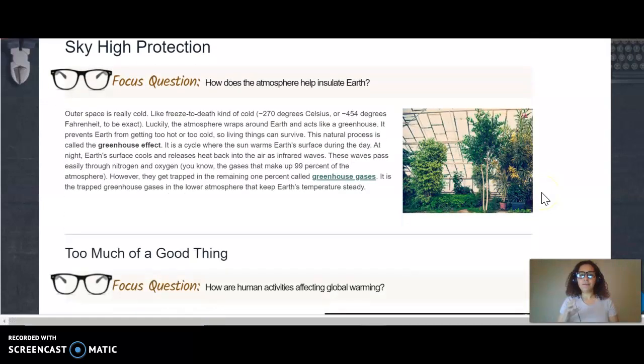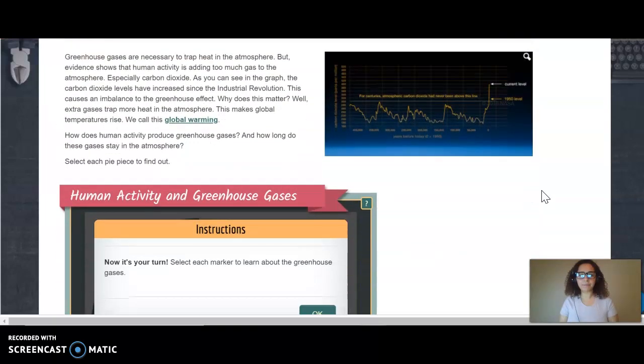So in the first lesson, we learned a little bit about the greenhouse effect. So the greenhouse effect is something that helps warm the Earth's surface. But just like energy gets trapped in the atmosphere, we're also getting harmful types of gases trapped in the atmosphere along with the energy.